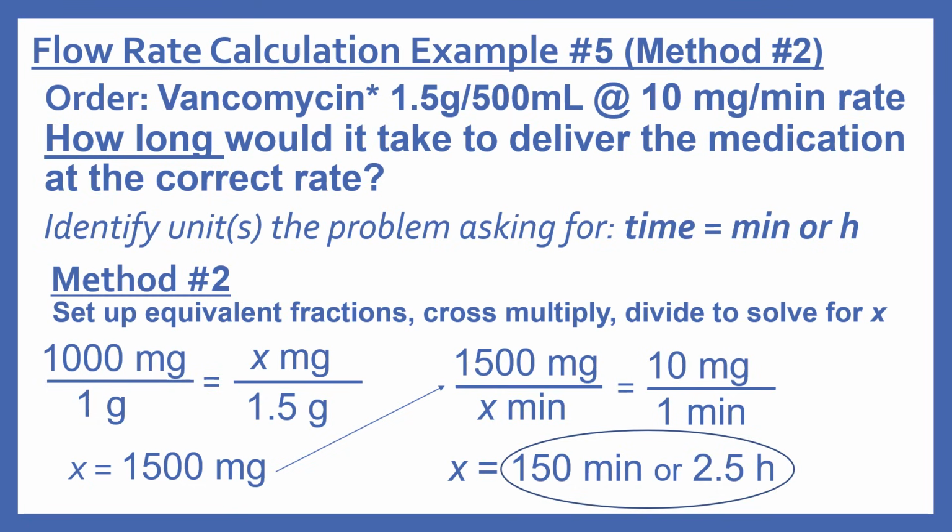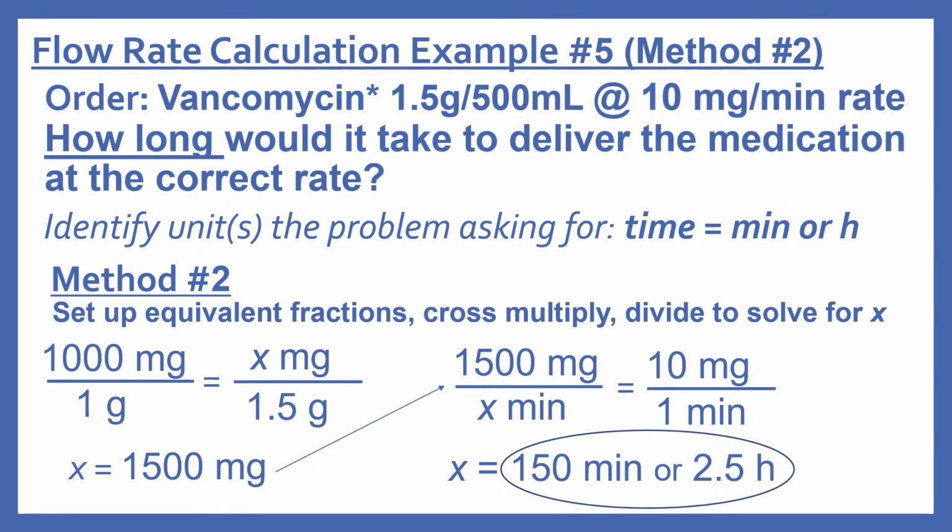And with method 2, we'll set up equivalent fractions, cross multiply, and then divide to solve for x. So we'll get our milligrams first. So 1,000 milligrams per 1 gram equals x milligrams per 1.5 grams. And if we cross multiply and divide, we get 1,000 times 1.5 divided by 1. That gives us 1,500 milligrams.